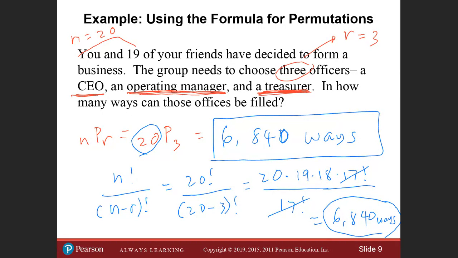So do not forget that you have to use a TI-83 or 84 to have that function of the permutation formula. And by pressing that function, you can solve right away and get the answer. So for that, that is 6,840 ways.